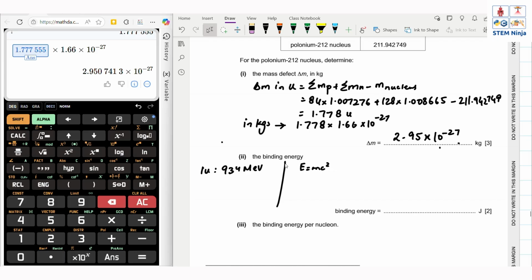However, we don't need the first one because we are finding the energy in joules. But had the question been in mega electron volts, that's what we would do over here. So E is equal to mass defect times c squared.